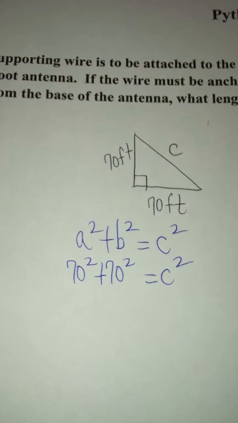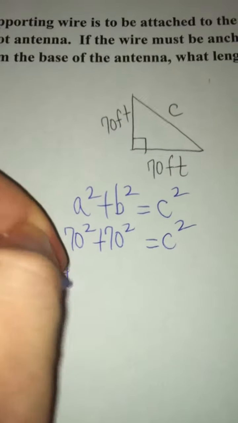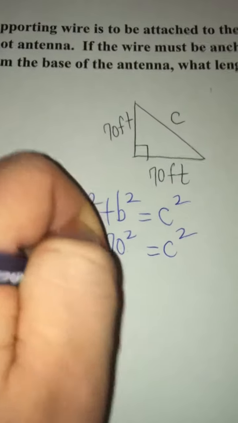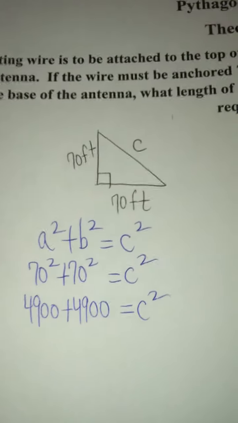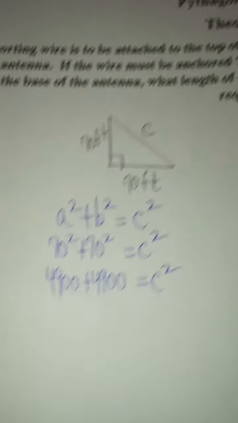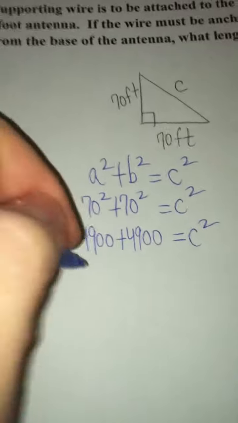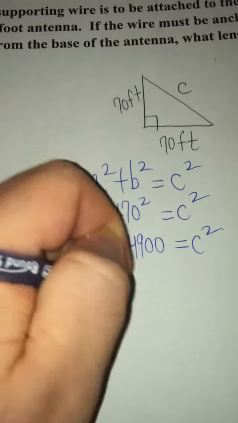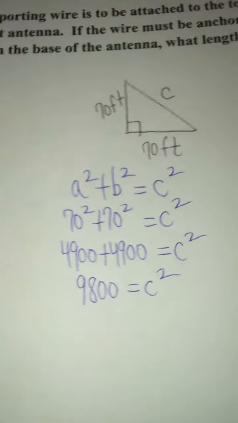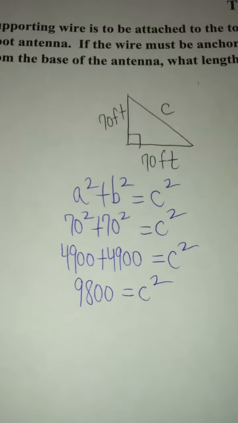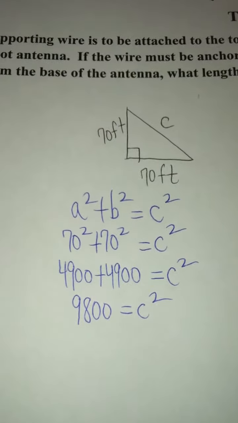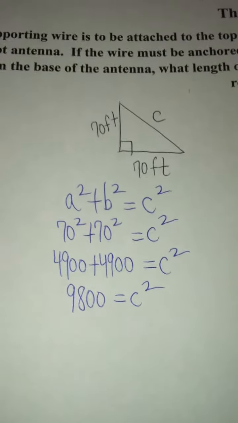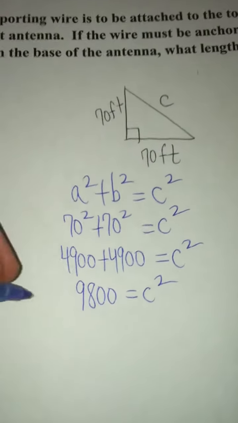When you square both 70s, you would get 4,900 for each, which would equal 9,800. To solve for c, or to find the length of wire that's required, take the square root of both sides.